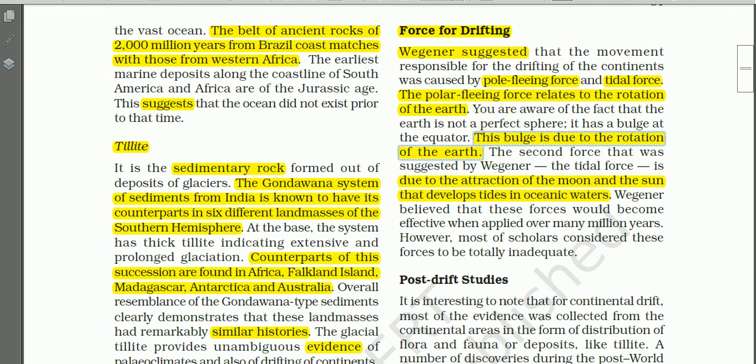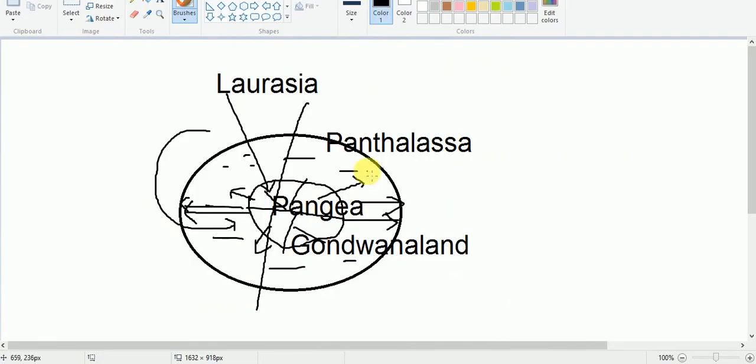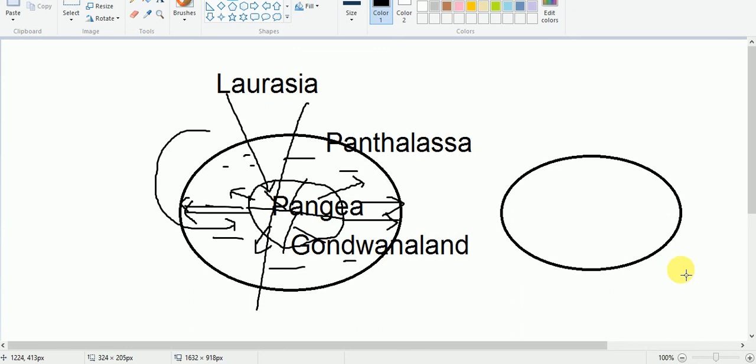One more thing I have to say is that, see, this is the Earth, and here we have the equator.